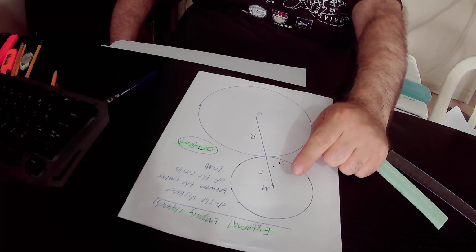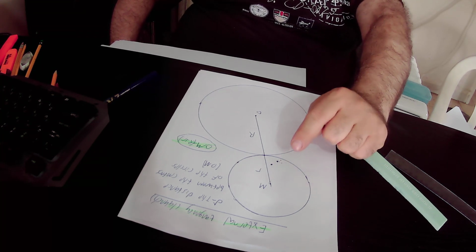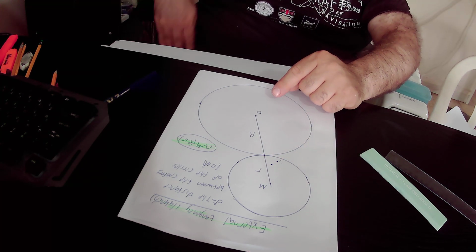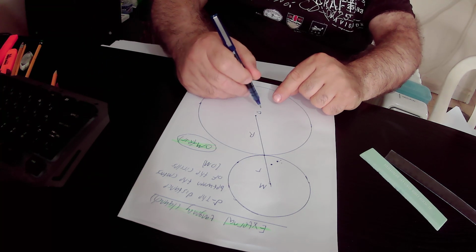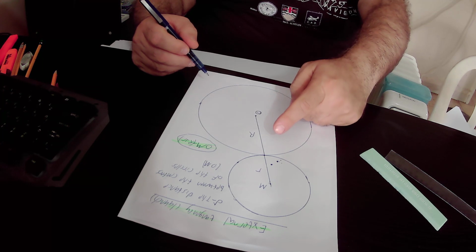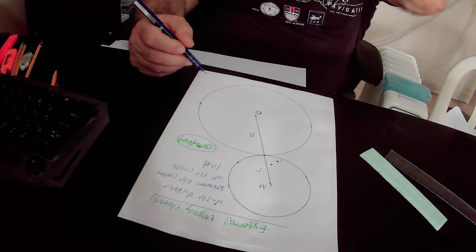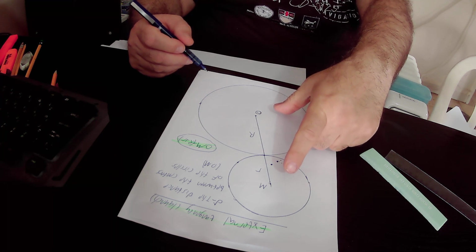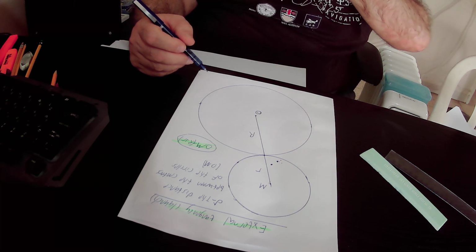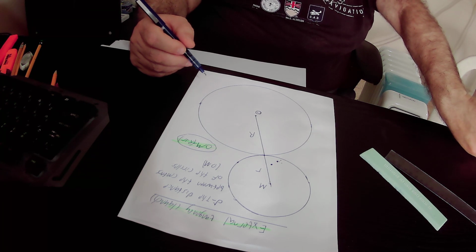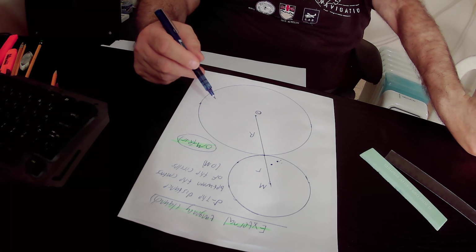We know that the center of the small circle is point M and the radius of the small circle is small r. The center of the big circle is at point O, and the radius of the big circle is capital R. So here the distance between the centers of those two circles is the length of line segment MO, and the length of line segment MO is equal to the sum of the lengths of their radii.